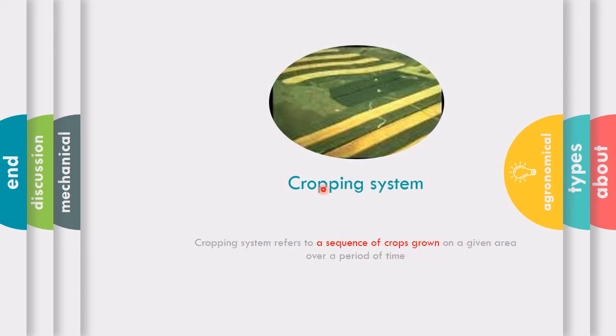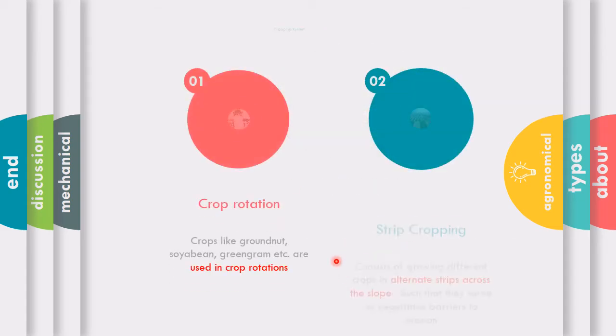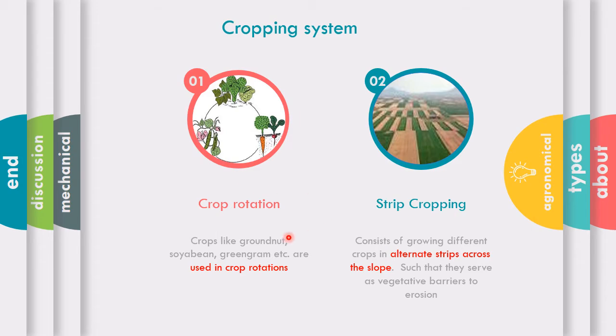The second one is the cropping system. Cropping system refers to a sequence of crops grown on a given area over a period of time. There are different types of cropping systems we can see one by one, and the first one is crop rotation. Crop rotation is growing one crop and then another crop, then another crop.